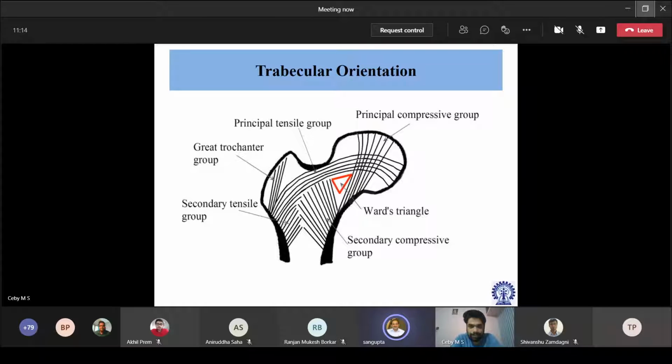So the orientation will actually define the material properties. Orientation means it has a certain direction, and what we assume as an isotropic assumption is purely an assumption for cancellous bone, as is assuming a continuum. Both are not valid if you really look into the microstructure in a microscale model.